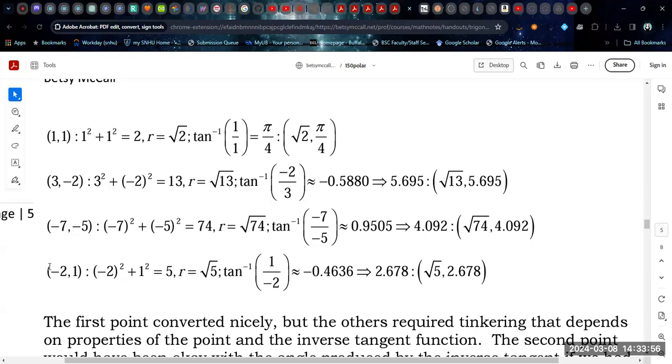So you do have to pay attention when you're going in this direction to what quadrant you're supposed to be in, because you can't just use this function blindly. That will only work in the first and fourth quadrants. But if you're in the second or third quadrants, you will need to add pi in order to get the angle right, or flip the sign of your radius if you would prefer.